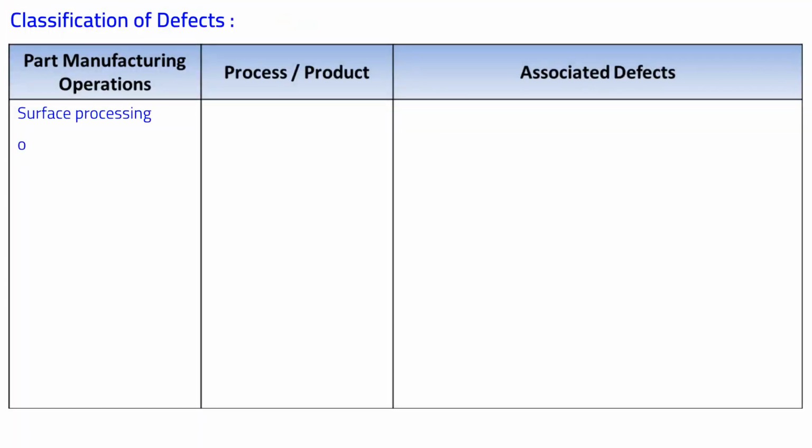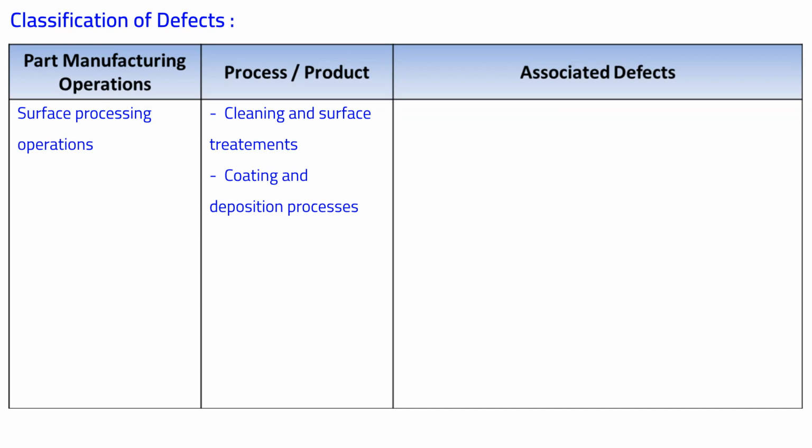Surface processing operations are divided into two categories: cleaning and surface treatments, and coating and deposition processes.